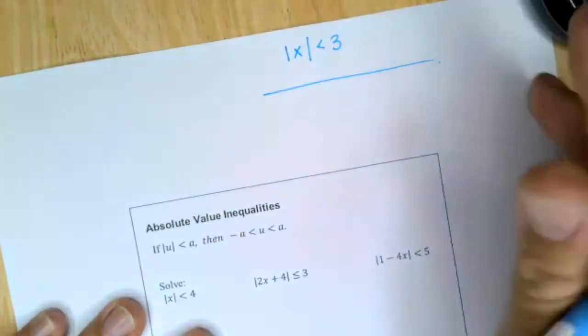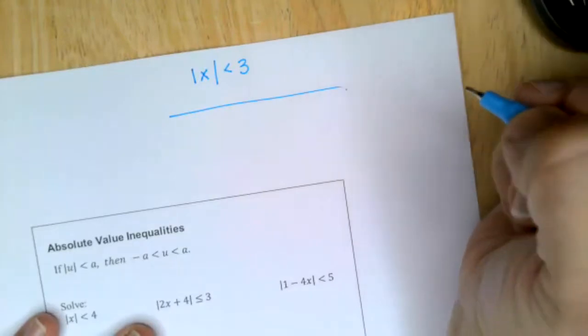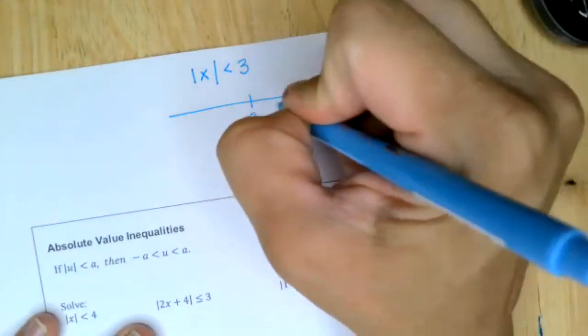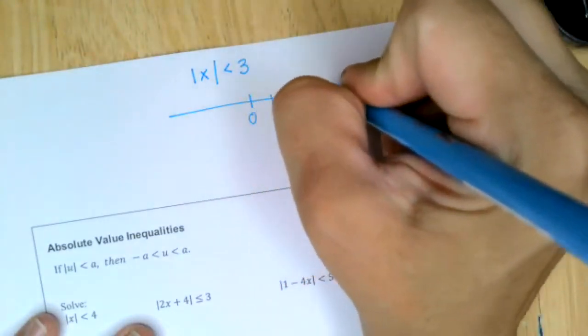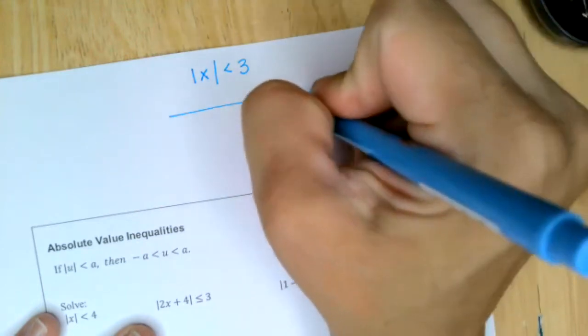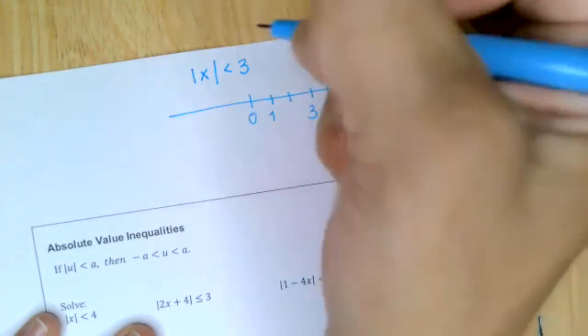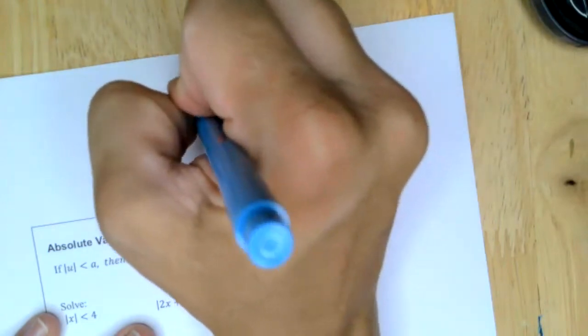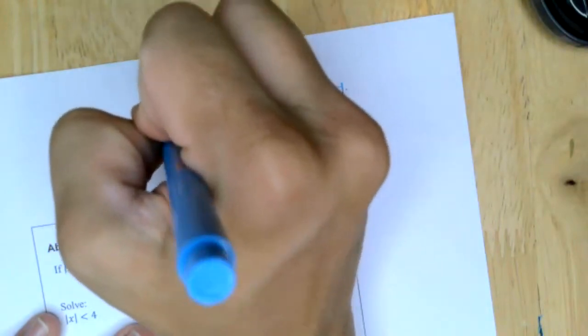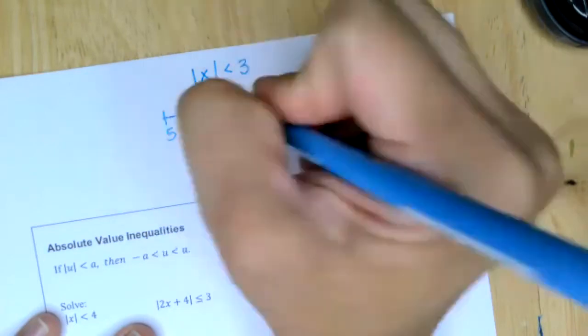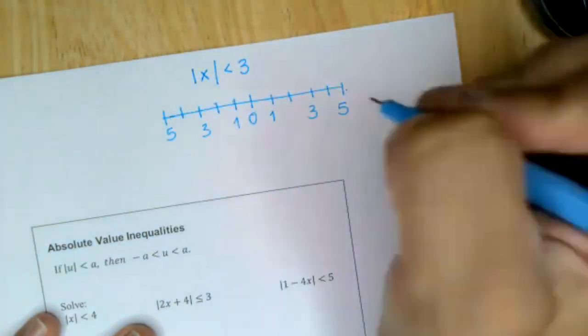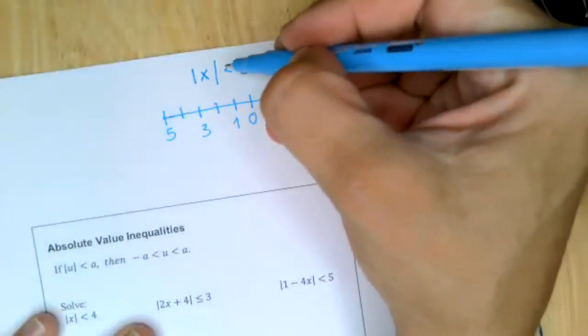Think about where that would be on the number line. Here's 0. There's 1, 3, 5. Here's my number line. Where on the number line will the absolute value of x be less than 3?